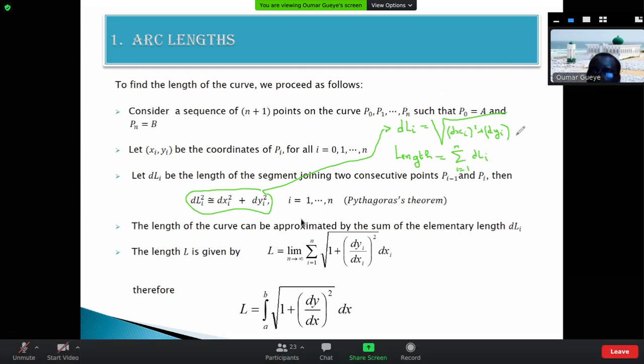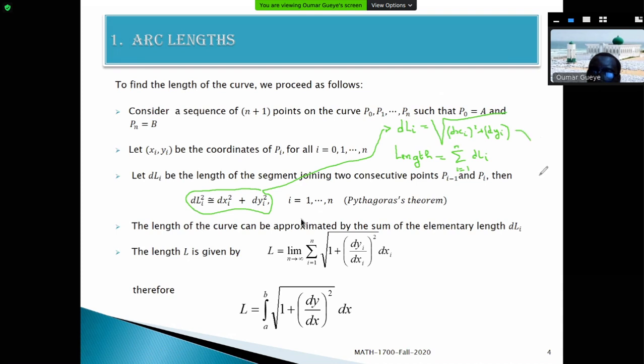And from this, you guys can see, when you take dxi out of the square root, you will get the square root of dxi squared times 1 plus dyi over dxi, squared.